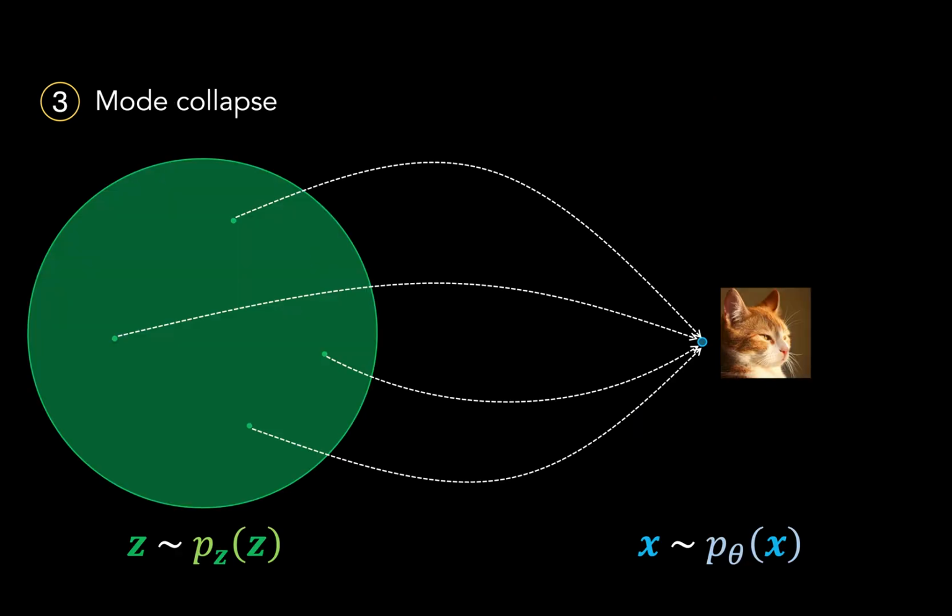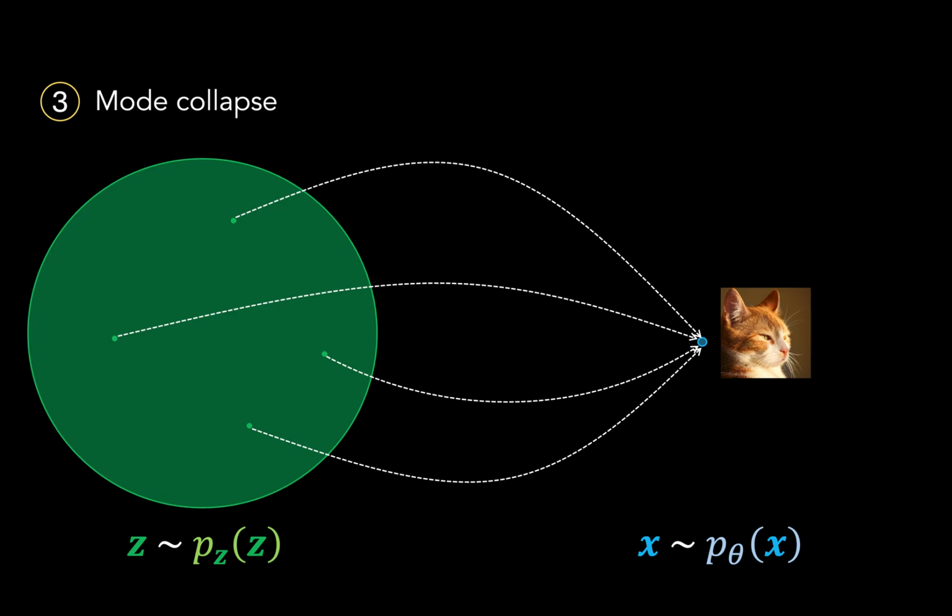Now, a third notorious problem with GANs is when the generator actually learns to achieve good performance by just mapping every noise vector to the same point in data space. So, even if the generator succeeds in producing realistic outputs, it has clearly failed in the overarching goal of approximating our data distribution.